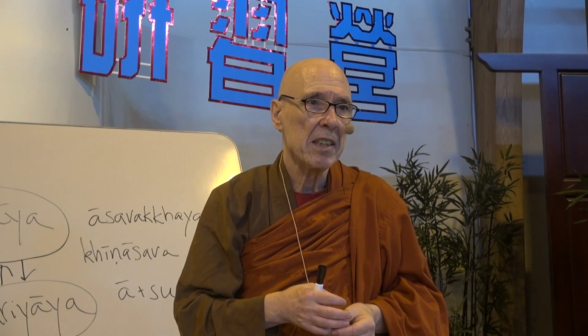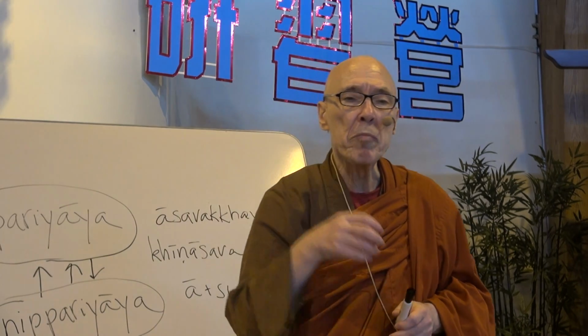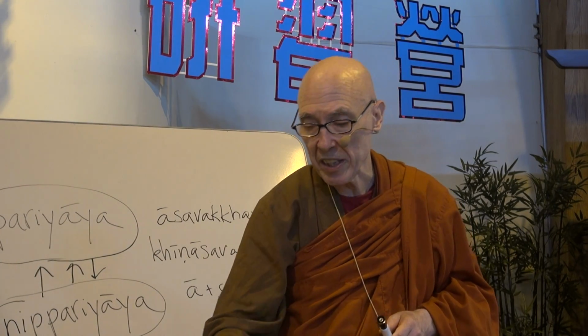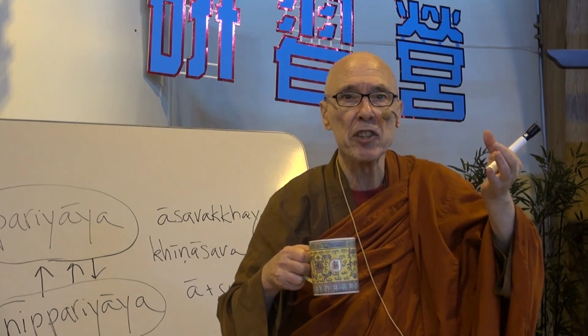And the word asava was not completely original to Buddhism, because the Buddha, in his teaching, would pick up terms that were being used sometimes by the Brahmins, sometimes by other teachers of his period, and then give them new meanings that would be in accord with his own teaching. And so the Buddha picked up the word asava. It was used by the Jains. The Jains were a spiritual community that existed even long before the rise of Buddhism.